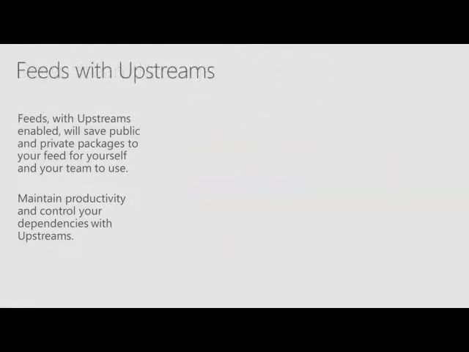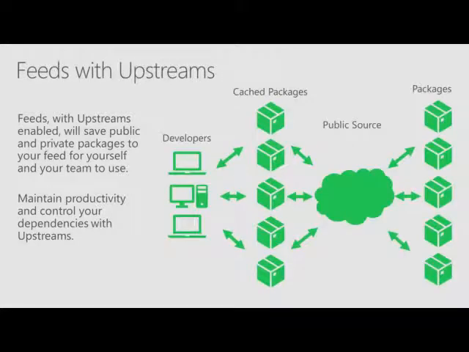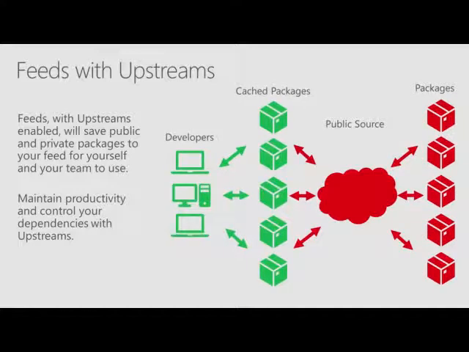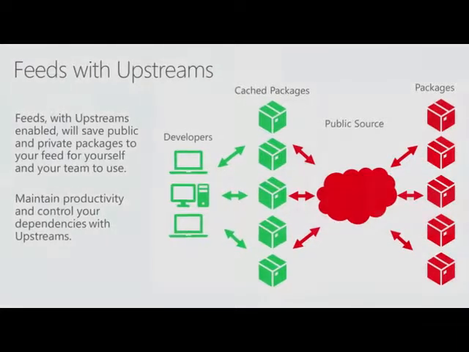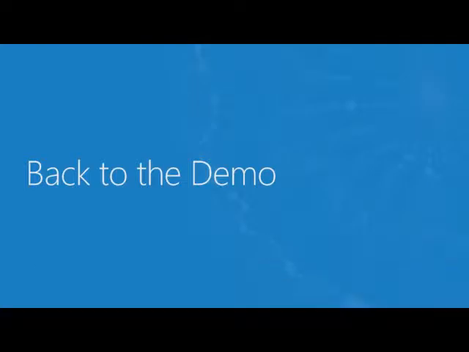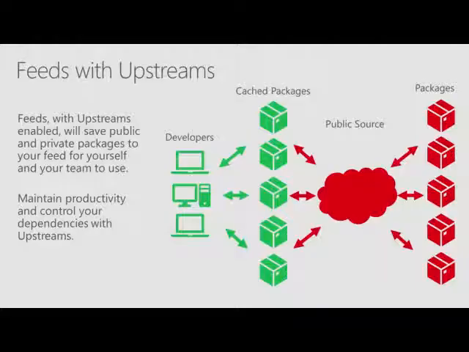In both of these cases, feeds with upstreams enabled help developers maintain productivity. A feed will not only host the package you create, but also the dependent packages from the public upstream, and store it as a saved copy. So while the second incident caused quite a bit of problems for developers, teams using feeds with upstreams enabled would still be able to use their packages, since the removed package would still be resident in the team's feed.